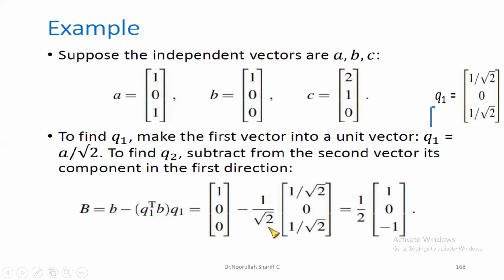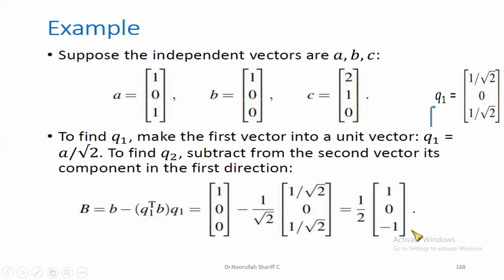So if you simplify this, 1 by root 2 into 1 by root 2 will become half. 1 by root 2 into 0 will be 0. 1 by root 2 into 1 by root 2 will be half. So 1 minus half will become plus half. 0 minus 0 will be 0. 0 minus half will be minus half.